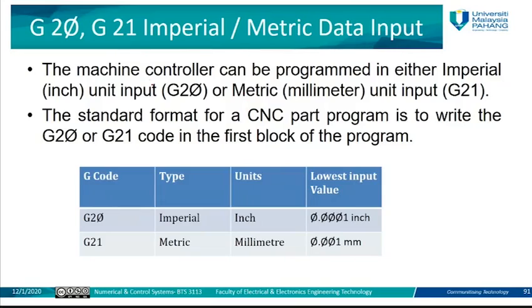If your coordinates are based on inches, you use G20 at the beginning of your program. When you use G20, all your coordinates will be measured in inches. If you use G21, all will be in millimeters. So just place G20 or G21 in your program.